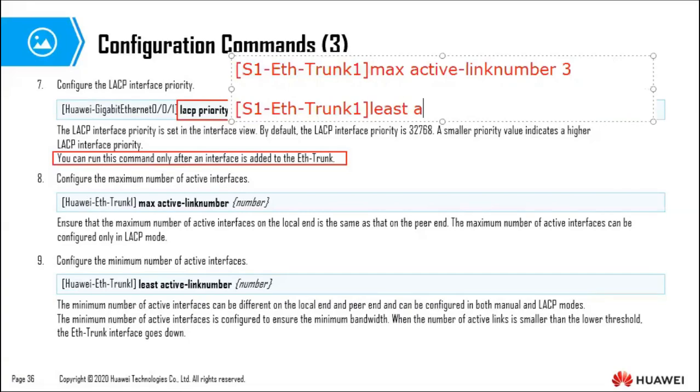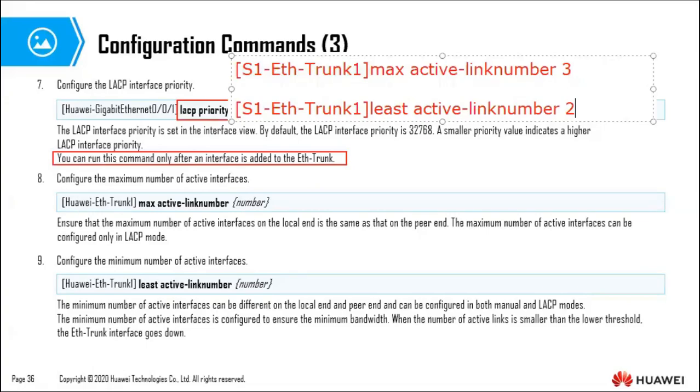The next command specifies the minimum, the least active. So least active link number. If you, for example, enter 2, it means that when the physical interfaces on the Ethernet trunk go below 2, then the Ethernet trunk is disabled, turned down.